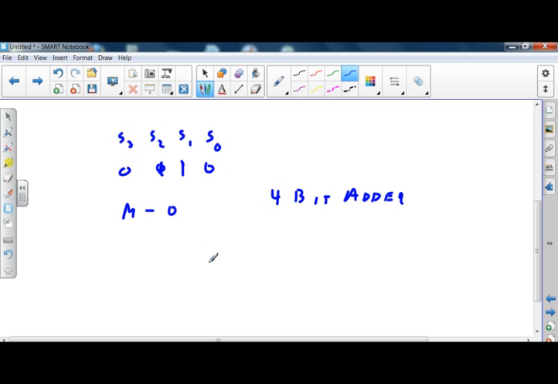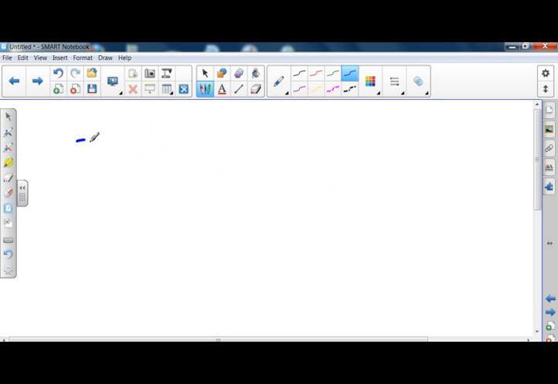Okay, back to what we're doing. Problem number 7.1. 7.1 seems to have an A. So what we're going to do is perform these additions. We're going to convert the decimal to binary, add them, and compare the answers.